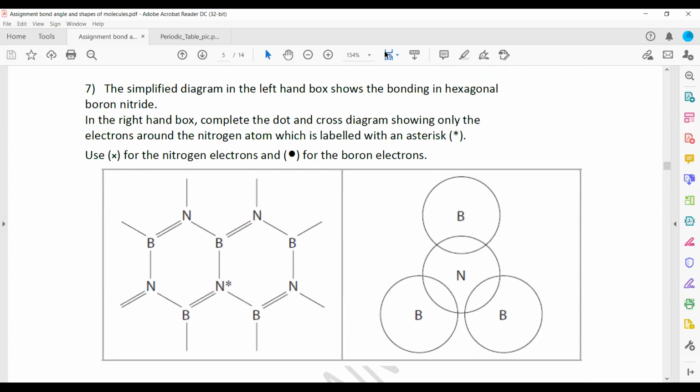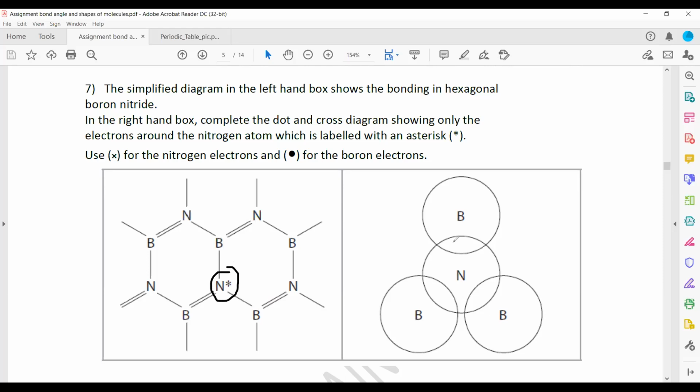So we have to show how electrons are shared between boron and nitrogen. As you can see, there is a double bond, and we have to make the structure stable. That's the first thing.